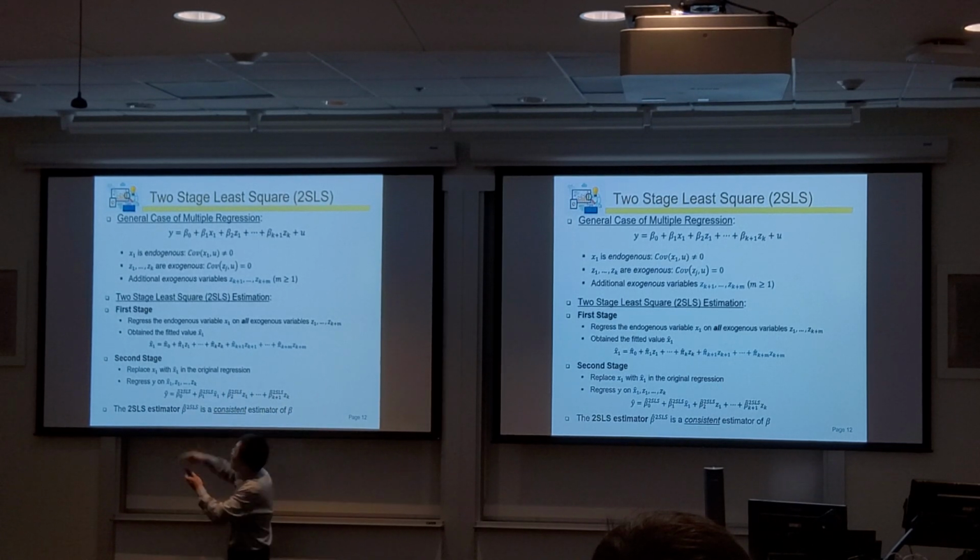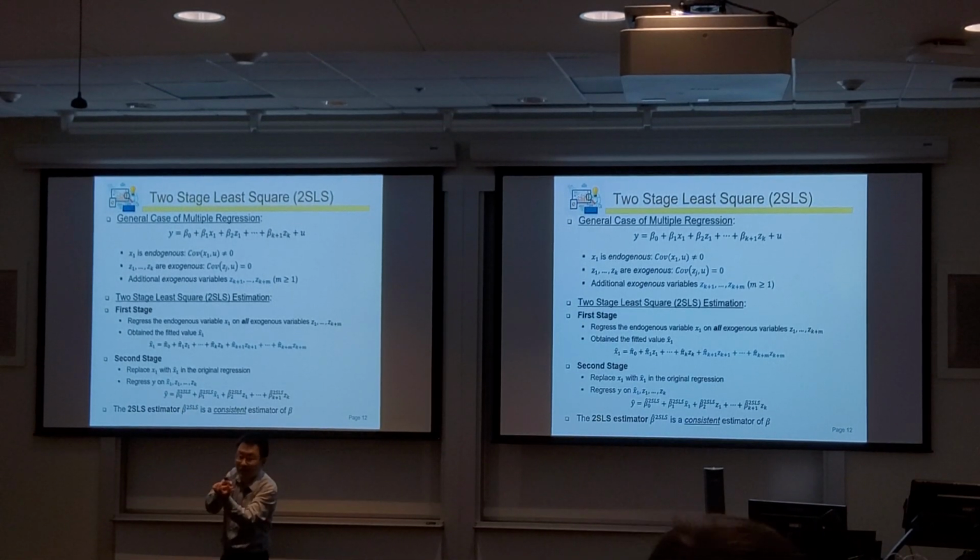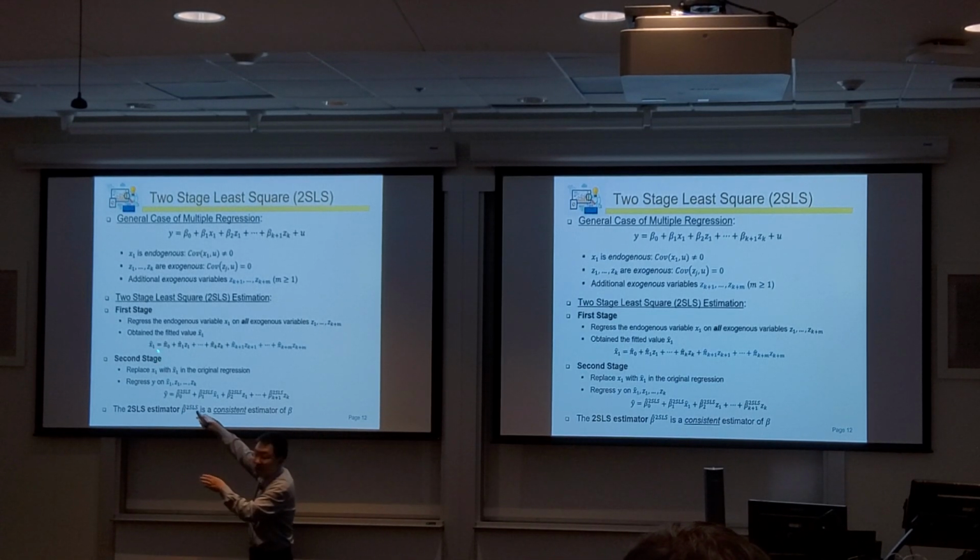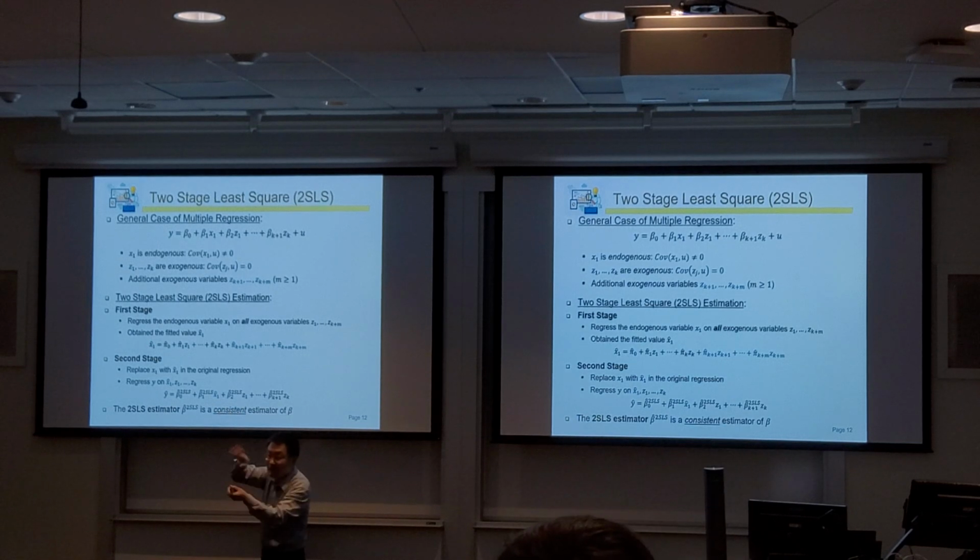But what happened to the endogenous part? The original X variable is endogenous. That endogenous part is purged from this X variable through the first stage. What's left, the difference between the original X1 value and the fitted X1 value, is the endogenous part.